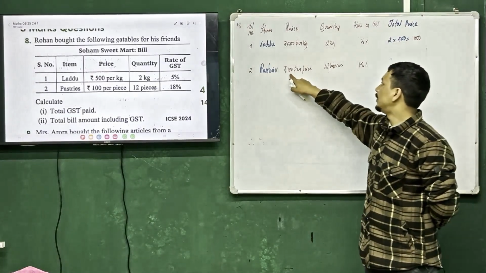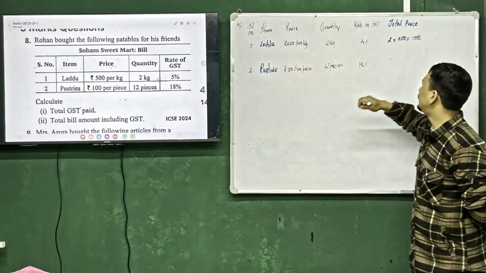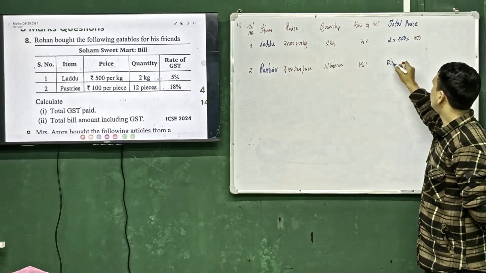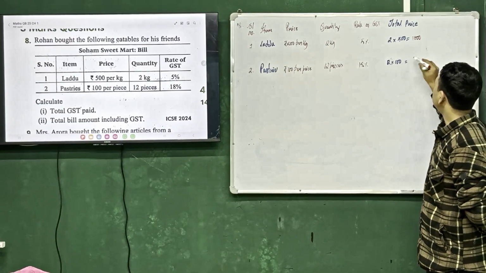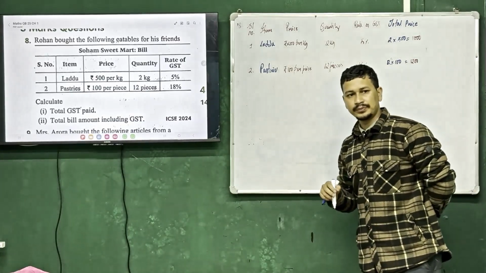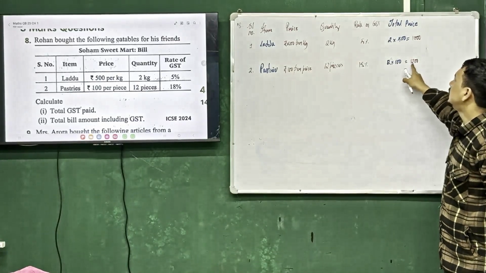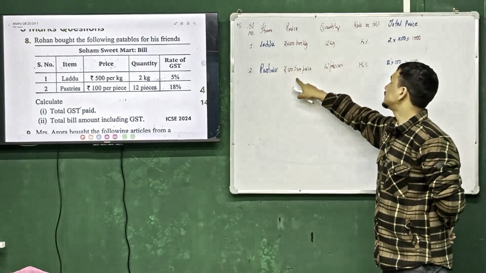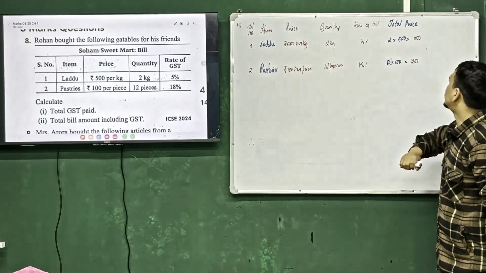For 12 pieces at 100 rupees each, it is 12 into 100, that is 1200 rupees. So total price is price multiplied by quantity.